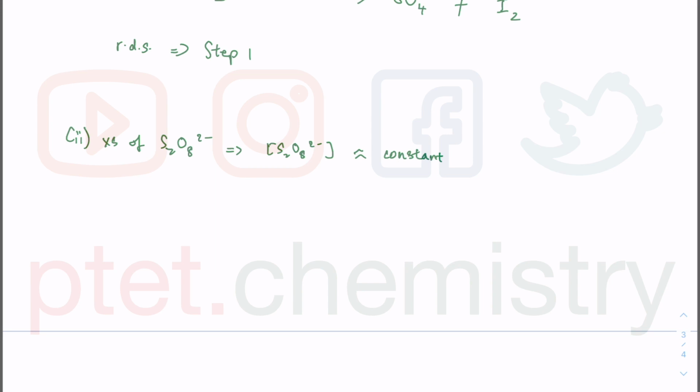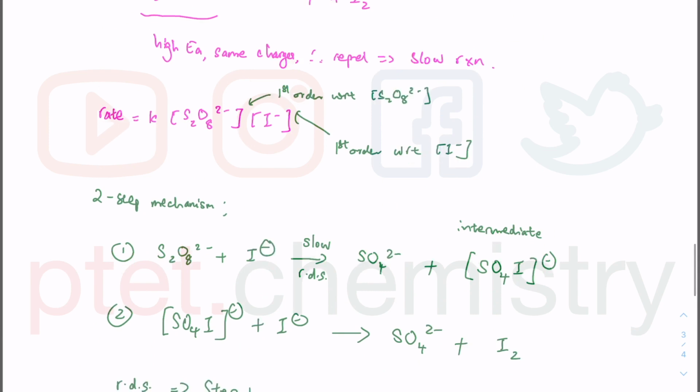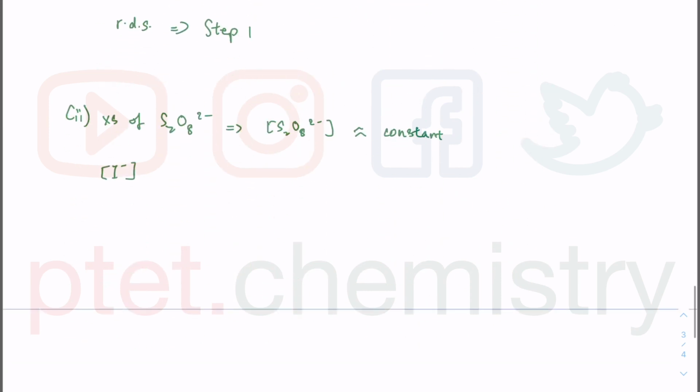We can imagine this as the iodide concentration, which is our reactant. So what happened with the iodide concentration? At t equal to 0, and then half that initial concentration.